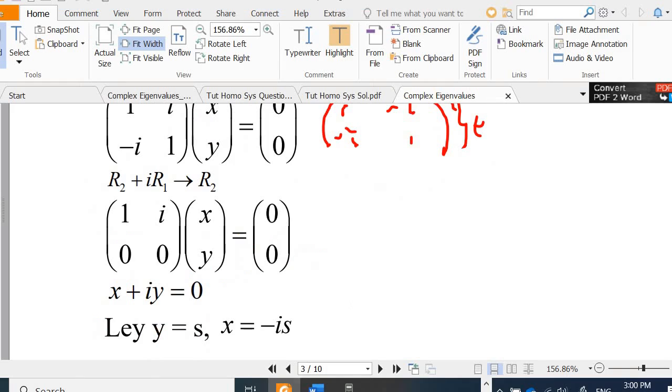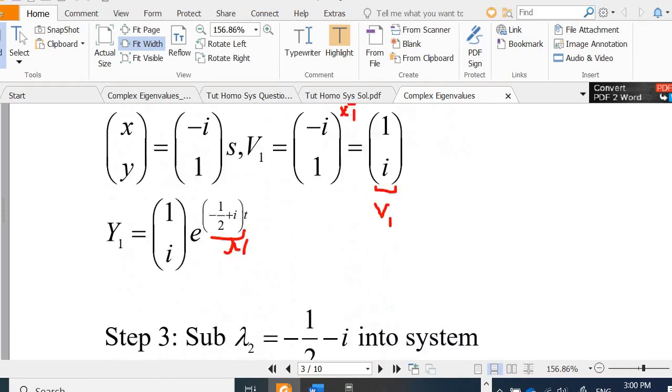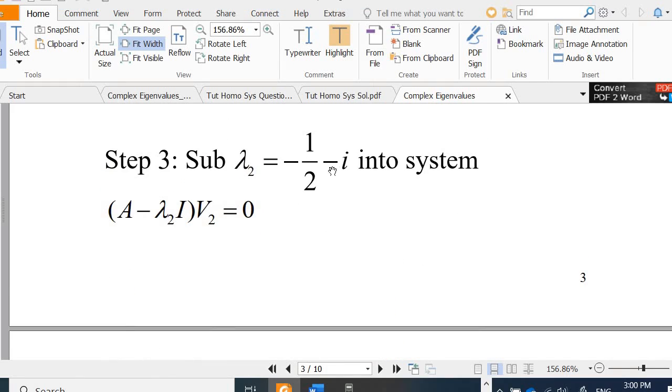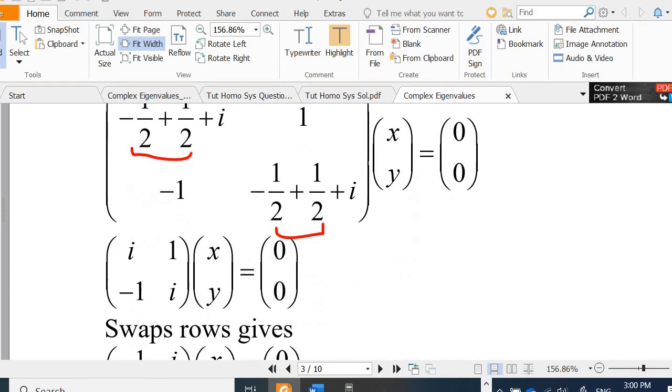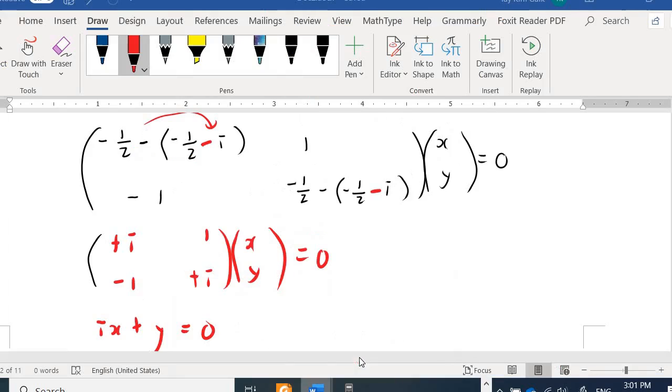You see this one, for second eigenvalue minus i. This one is i, 1, negative 1, i.